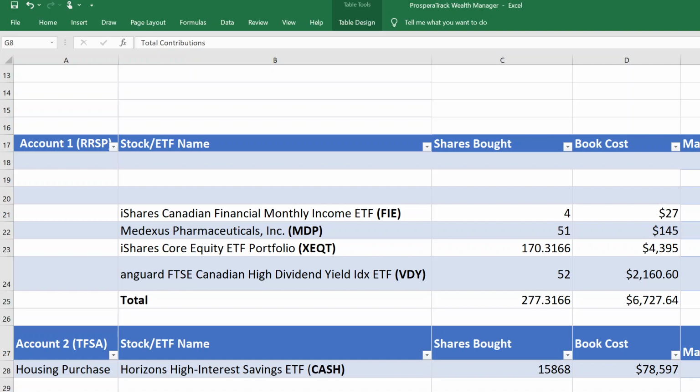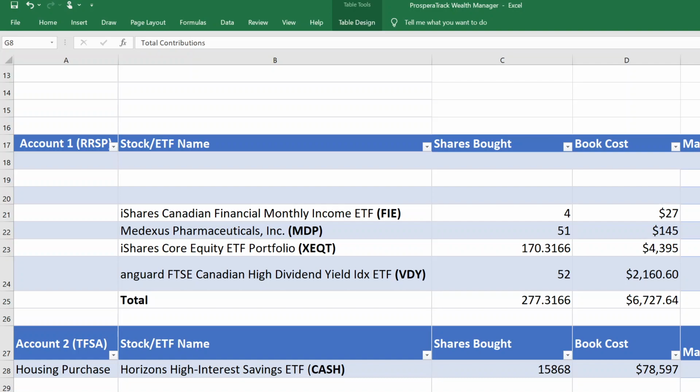The reason why I love this particular product is it offers an all-in-one opportunity for you to invest in a globally diversified product, and I'm sure there are plenty of videos that have already talked about the benefits and advantages of investing using globally diversified products like XEQT.